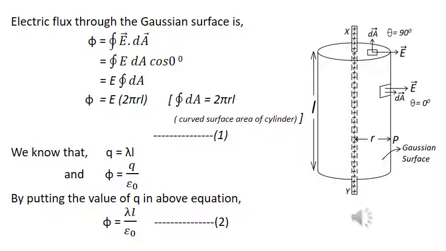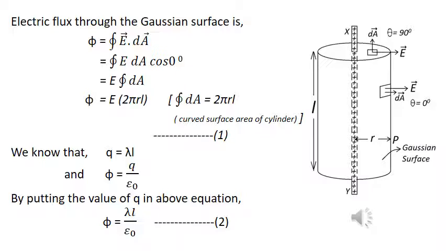So the total electric flux through the Gaussian surface can be written as phi is equal to closed integral E dot dA. Here in the diagram, at the curved surface of the Gaussian surface, the angle between electric field intensity and the area vector is 0, but at the flat surface, the angle is 90 degree.